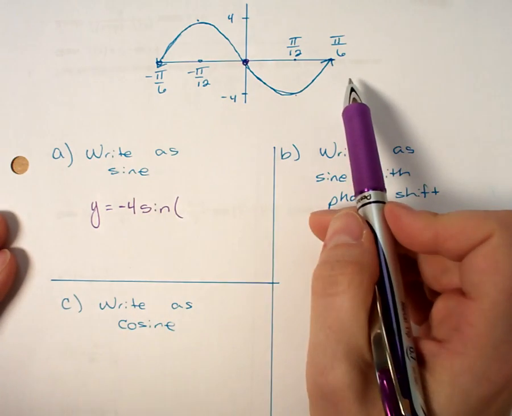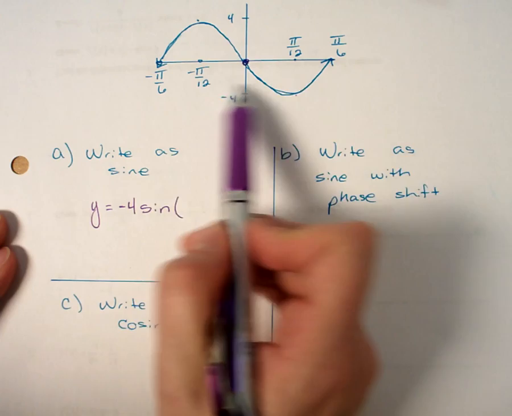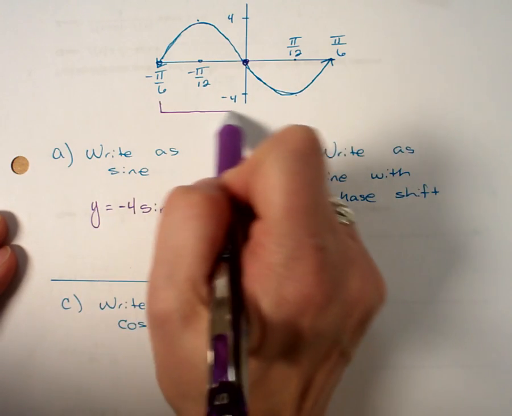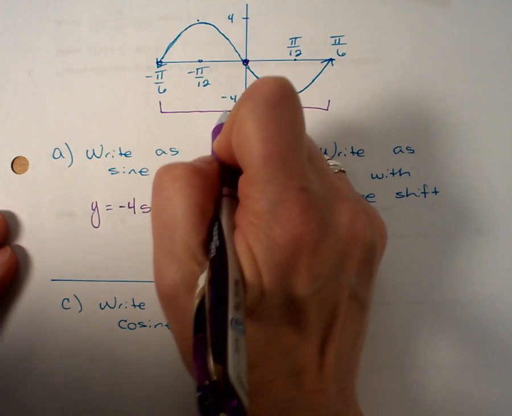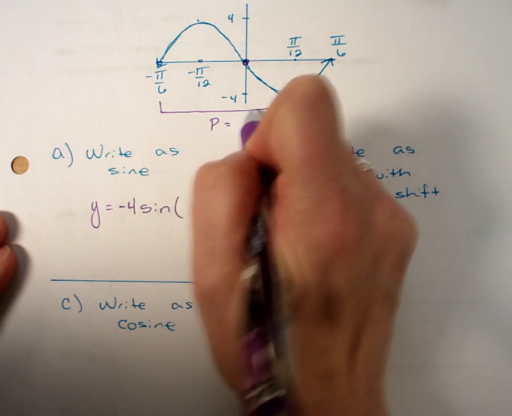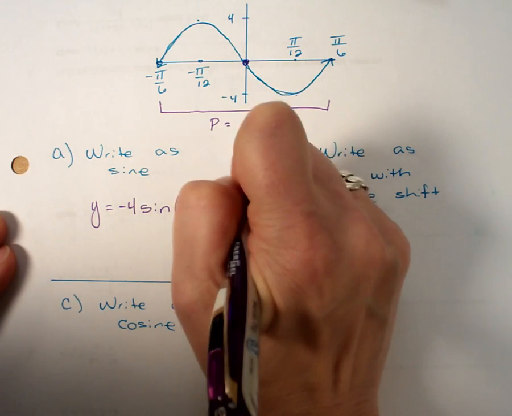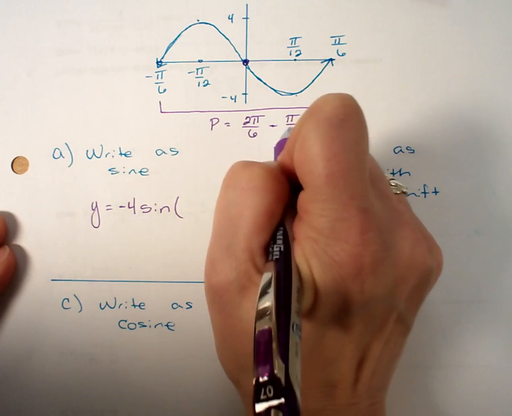Now, before I can continue on, I need to understand my period. So if I look at this graph from start to finish, I can see that my period is 2 pi over 6, or in other words, pi over 3.